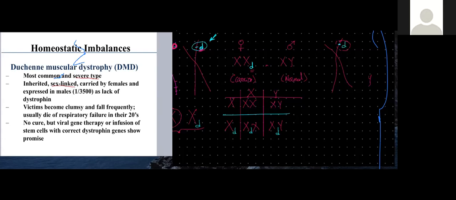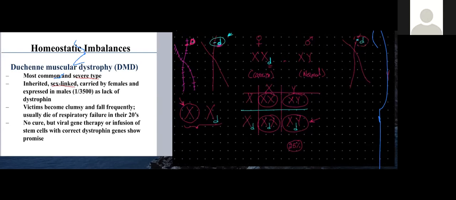Who will have the disease out of those four? The boy with the gene, exactly. So I'm representing 25% of the next population, 25%.